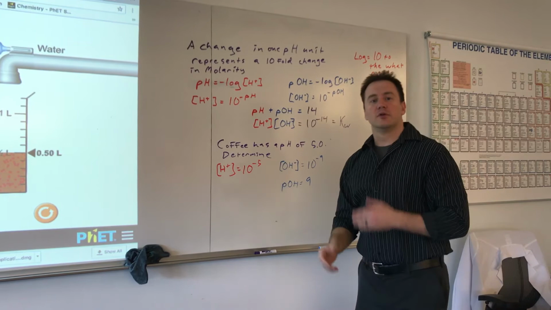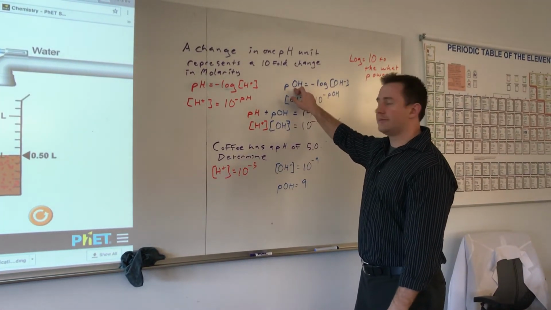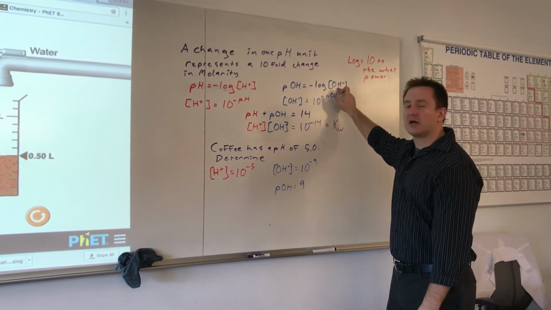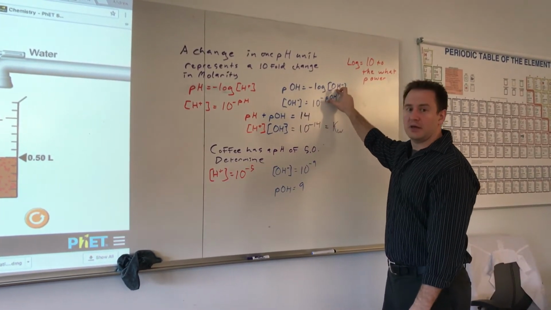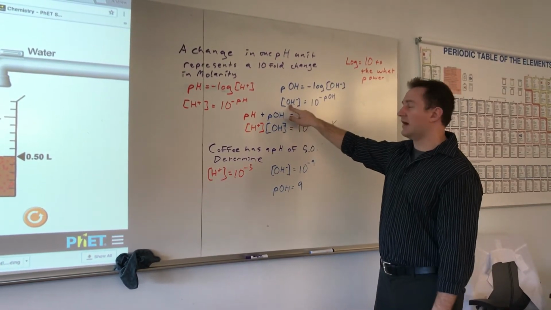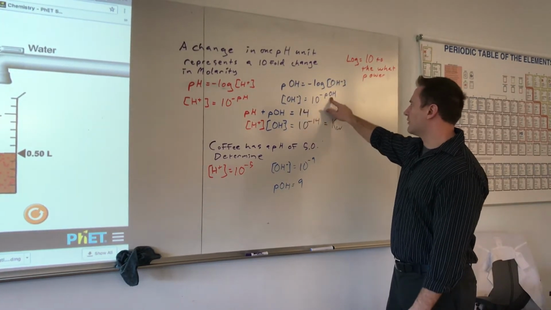On the other side, if we're looking at the basic component of the solution, we can look at the hydroxide ion, and the pOH is going to be the negative log of your hydroxide ion concentration. And again, the same thing as your hydrogen ion concentration: if you want to find that value from the pOH, you can use 10 to the negative pOH to get that value.